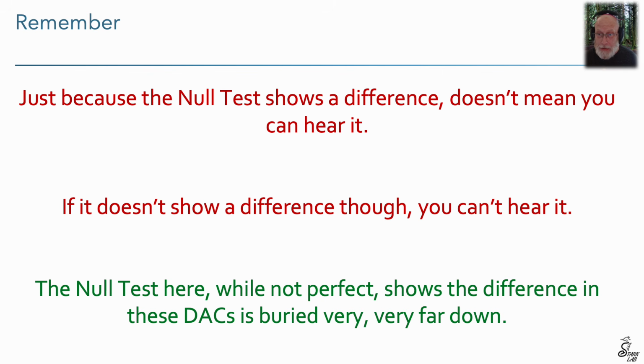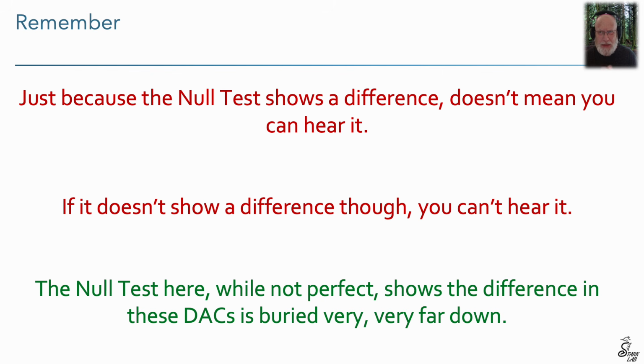I can't hear anything. We crank the volume way up and we hear a whole bunch of hiss and noise, plus a little bit of something. That's the difference. If you think that you're hearing a big difference between these two DACs in this case, that's what it's going to have to be coming from. And I don't know about you, but I couldn't hear it.